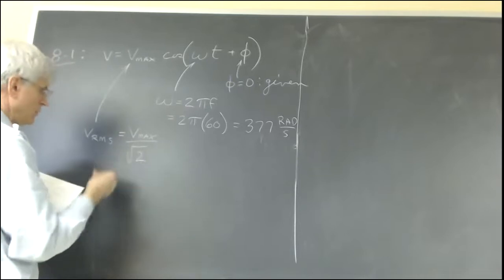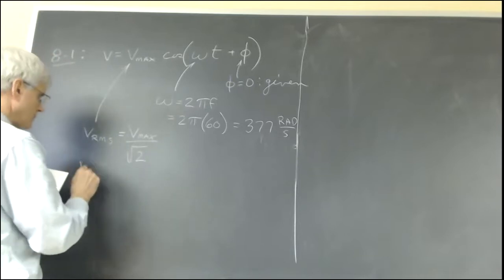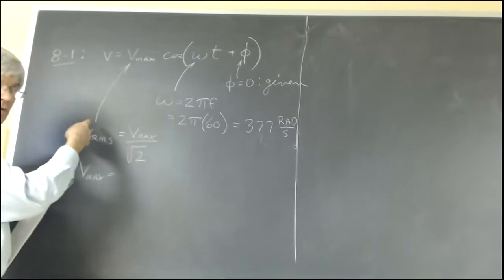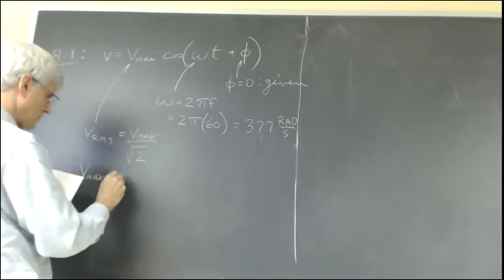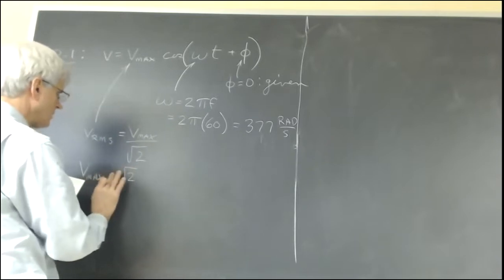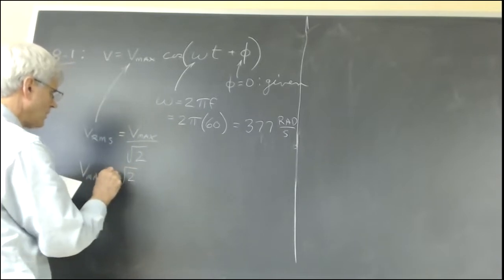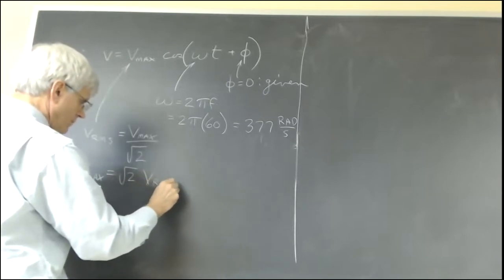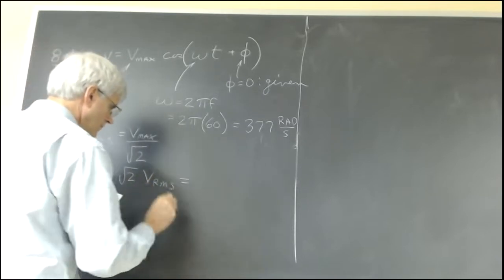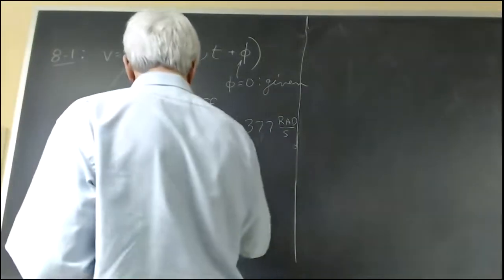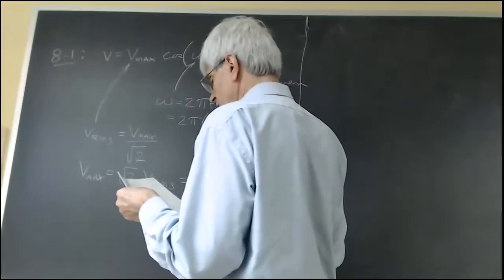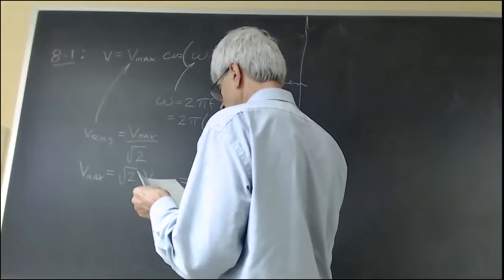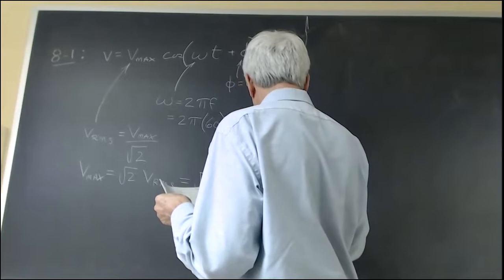Since it's the maximum we're looking for, multiply both sides by the square root of 2. So the 121 volts times the square root of 2 is 171.